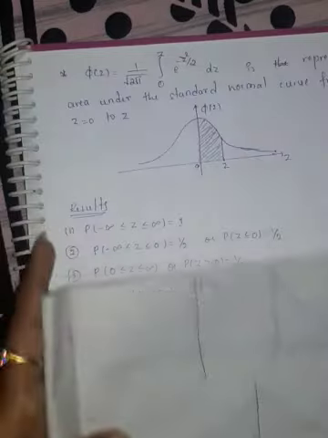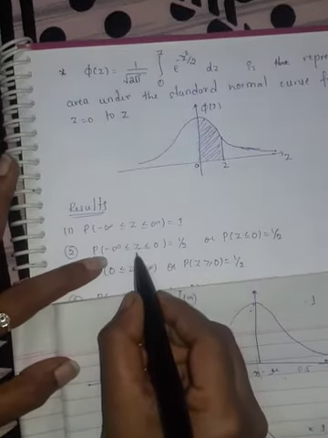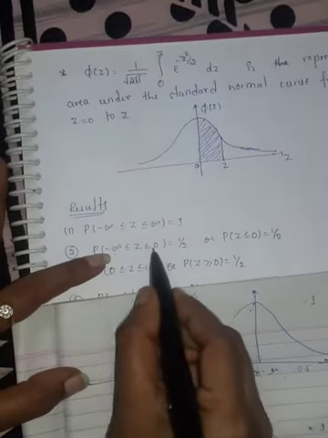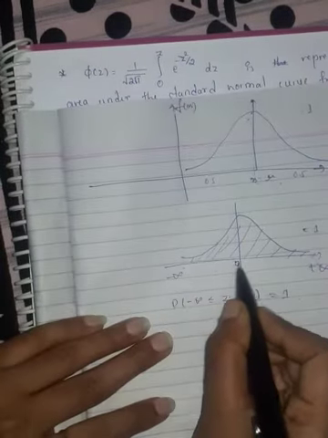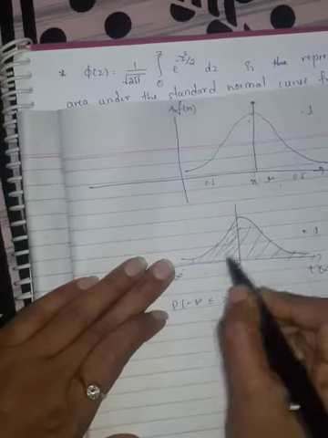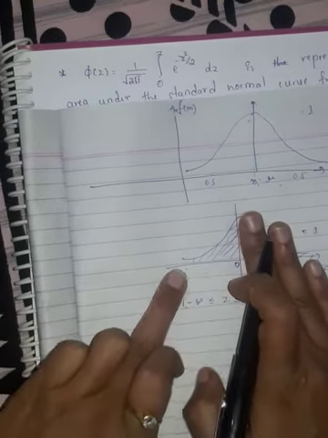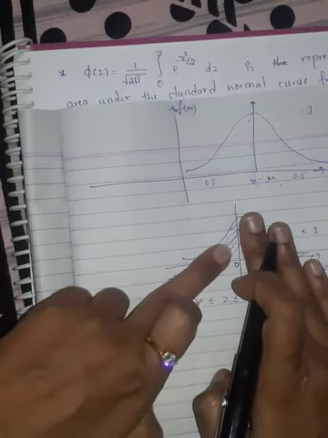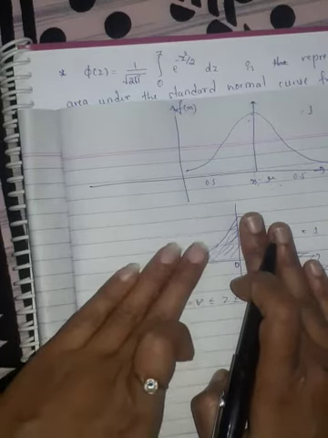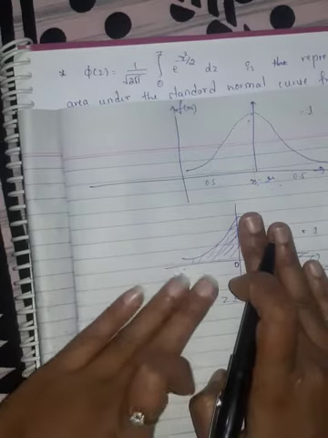Similarly, probability when z lies between minus infinity to 0 means here minus infinity to 0, this area. So this area is half of the total area, which is 0.5 or 1 by 2.